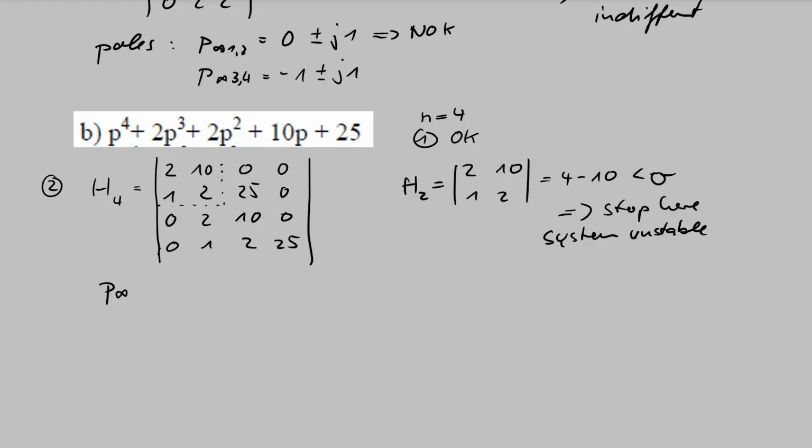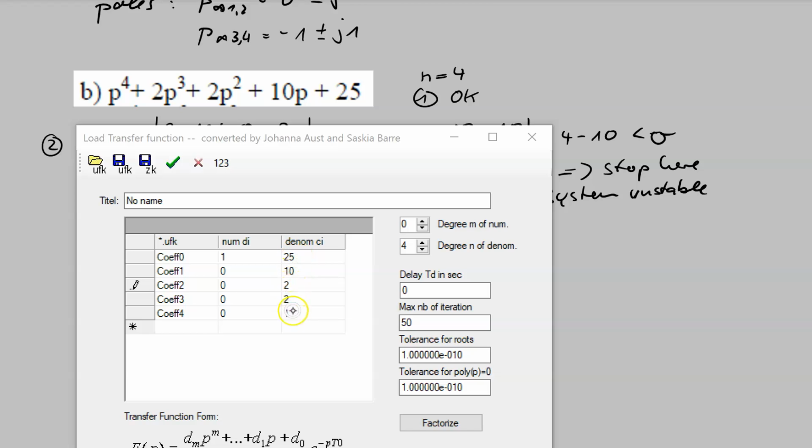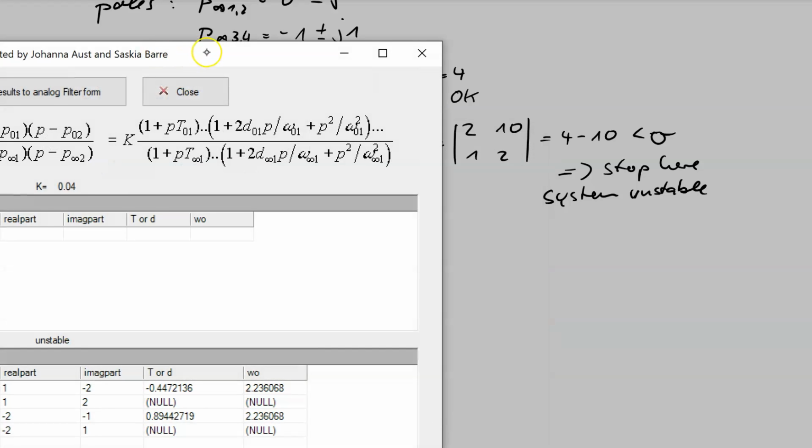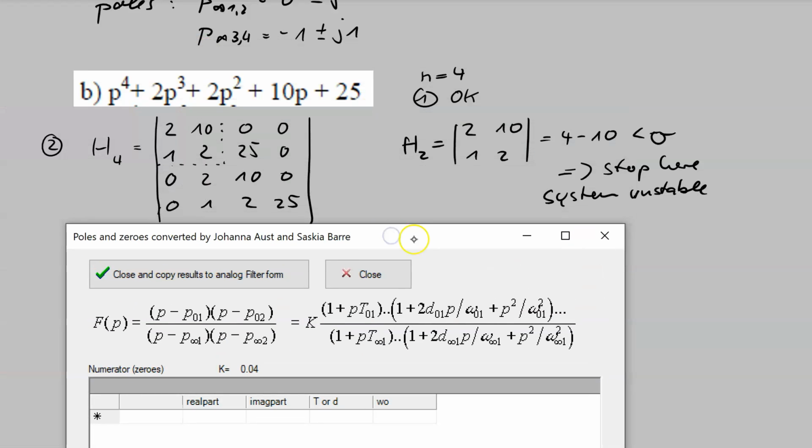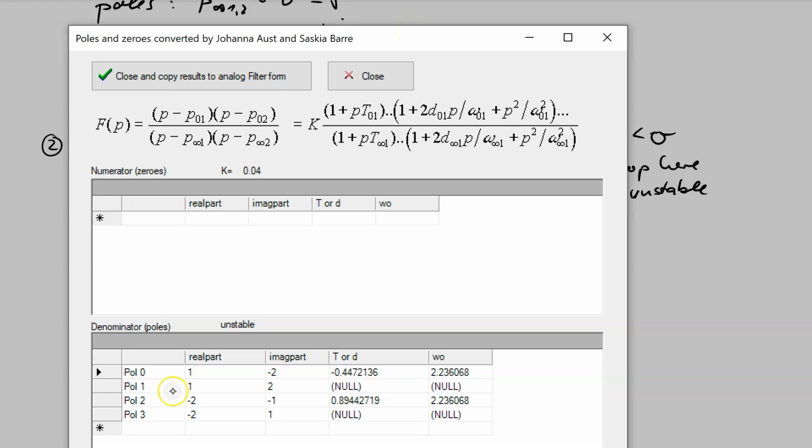The poles are given with the following result. If I use again my program, the resulting poles are, I write it down. In my program I have just exchanged the coefficients here. You can compare it. If I factorize these, then you see the resulting poles are positive 1, minus 2, 2, minus 2, 1, 1. So you see this program, of course, looks for the signs here and detects instability.